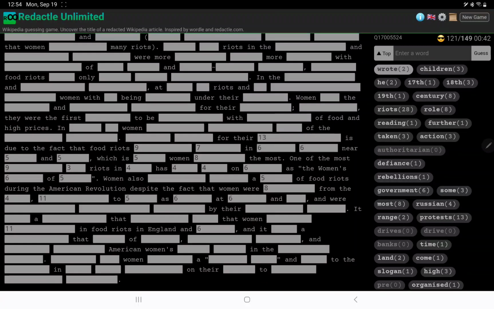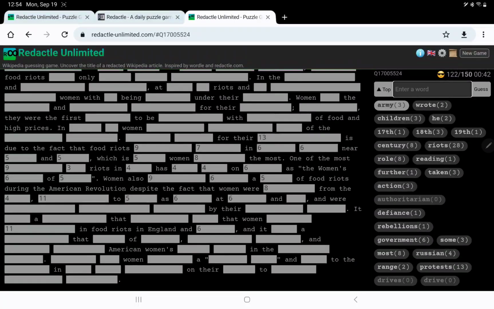Wow. Women also 9, 6, A5 of food riots during the American Revolution, despite the fact that women were 8 from the 4 from the army. No, or something from the 4.